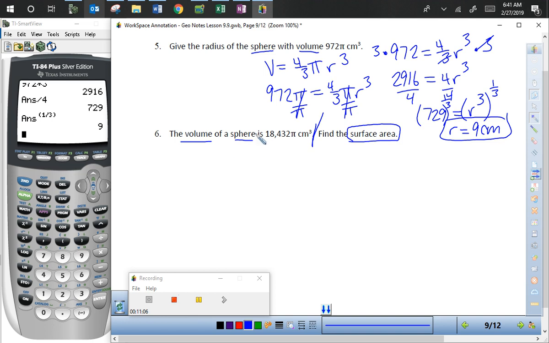You can never use two formulas at the same time. So we're given the volume of a sphere. That's what we're looking at first. V equals 4/3 pi r cubed. So here we've got our volume. That means we have to use this to then find the radius of our sphere. That's going to let us then go find the surface area.